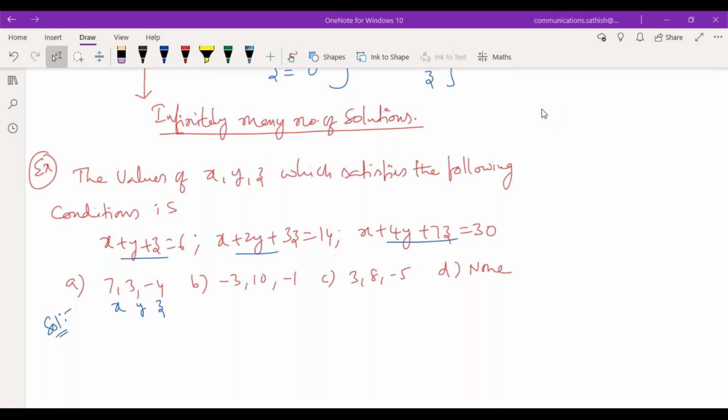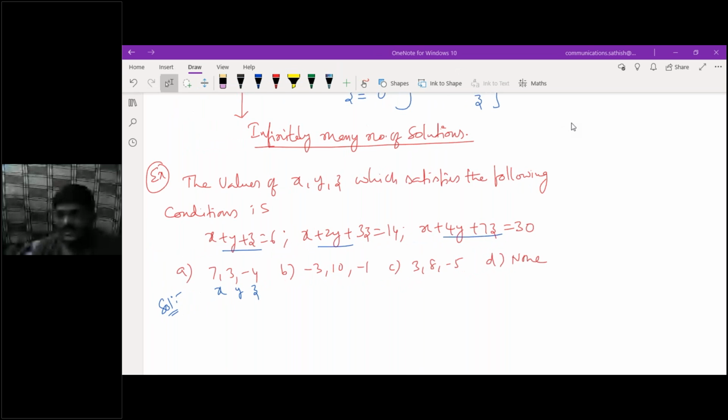Check it properly. D, none, sir. Someone is saying C. What about the second option?